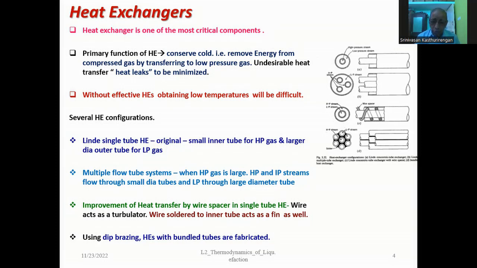The innermost tube will carry the high pressure fluid, and the outer tube will now carry the low pressure gases. Okay, so there is a very good heat transfer between them. Now, in place of wire, for example, one can also use fins, and the fins can improve substantially the heat transfer between the inner tube and the outer tube. Right. Okay.